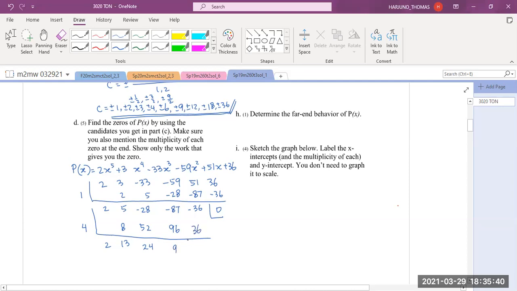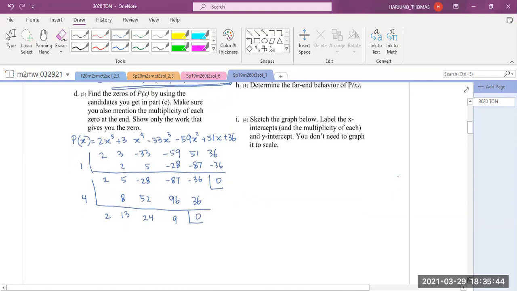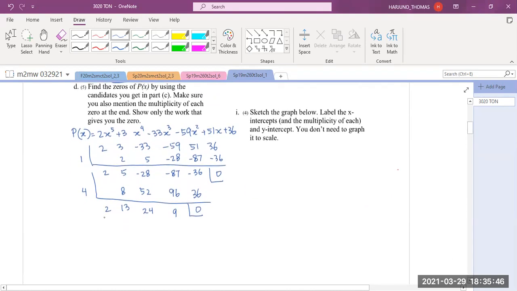Oh yeah, 4 works. Will 4 work again? No, it will not work anymore, because there are only 2 positive zeros and we got both of them already. We remember that if the coefficients are all positive, there's no change of sign, so there's no more positive zero for this polynomial.